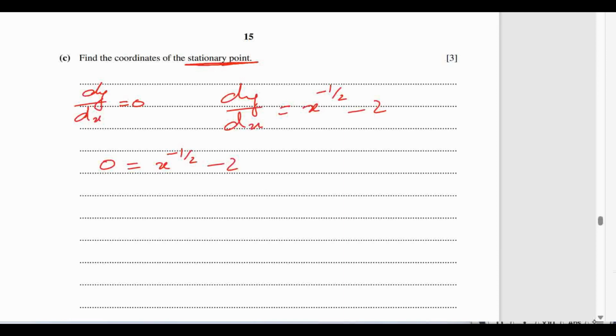So now we can further write it as 2 is equal to x power minus 1 by 2, and we can write it as 2 is equal to 1 by x power 1 by 2.